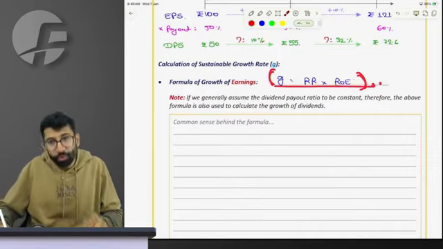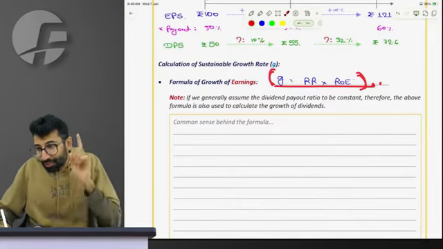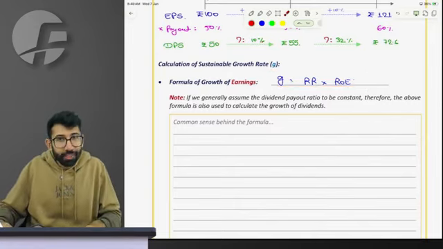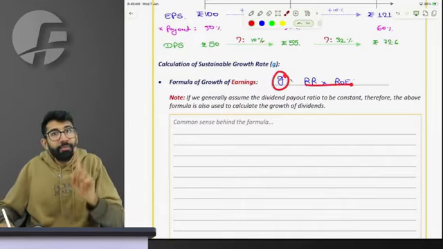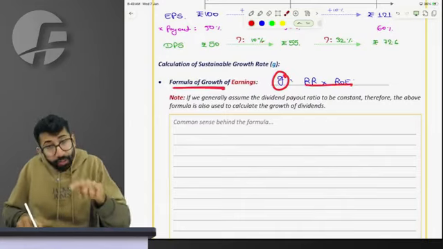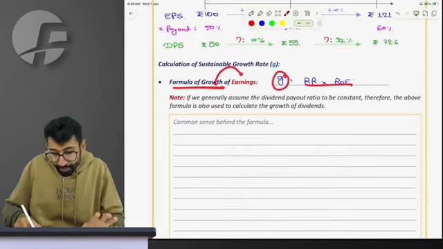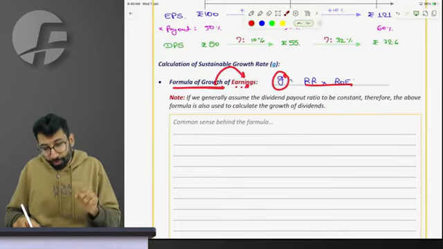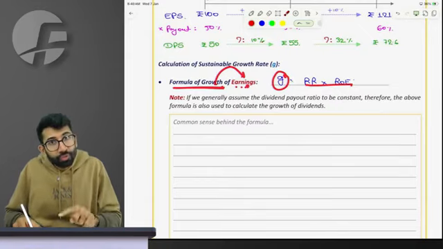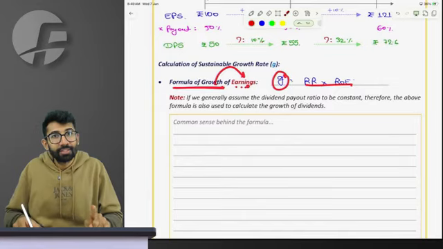But the depth I am going to convey to you in this lecture about this formula is this: if you calculate the growth using this formula, let me particularly tell you, this is the formula of growth, not of dividends but of earnings. This is the formula of growth of earnings.